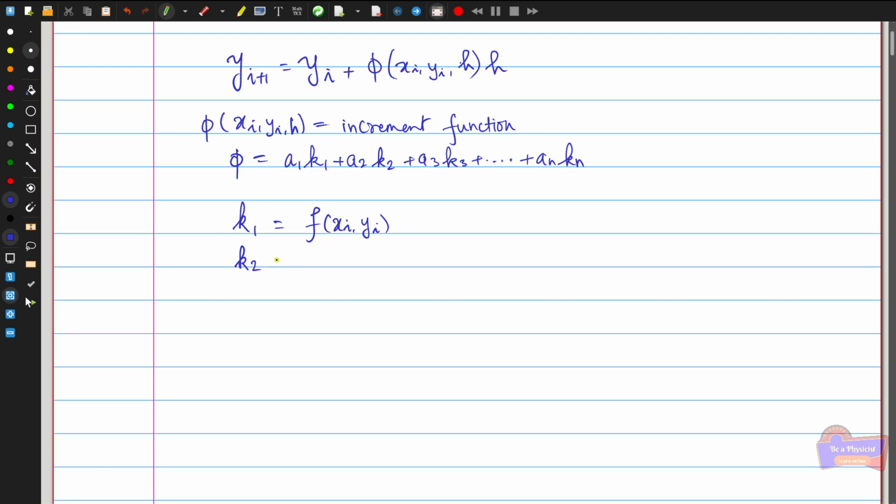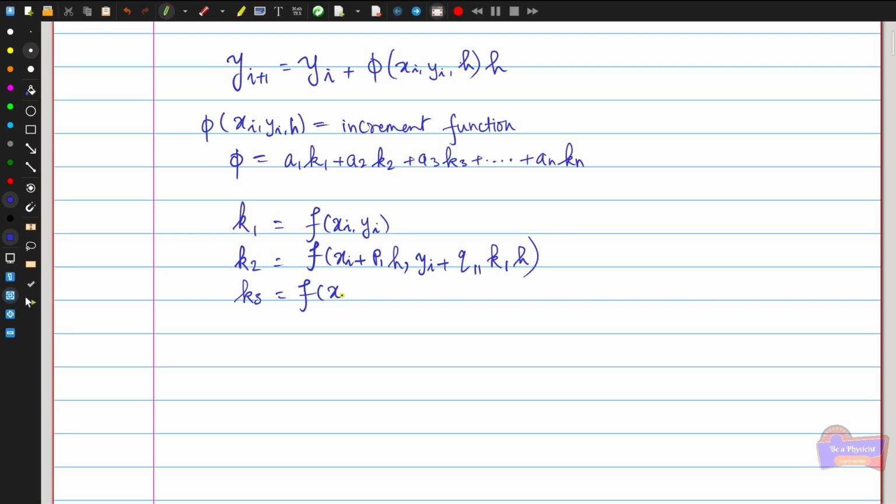Similarly, k2 can be written as f of xi plus p1 times h comma yi plus q11 times k1 h. Similarly, k3 is equal to f of xi plus p2 h comma yi plus q21 times k1 h plus q22 times k2 h.